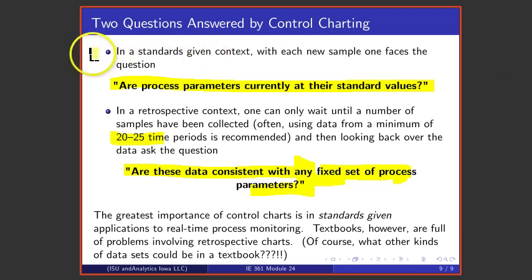The standards given context is the most important of these two contexts. It has to do with real applications, real-time process monitoring.